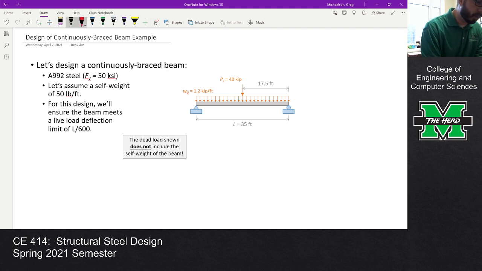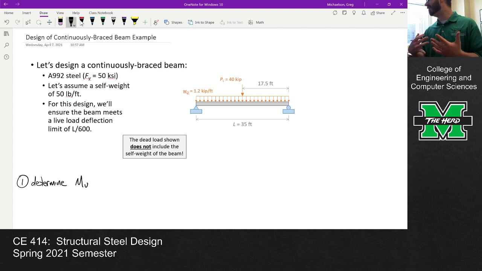The first thing we need to do is determine Mu. To be crystal clear, I really only care right now about Mu, but because I'm doing the structural analysis anyway, I'm going to also compute Vu, so I might as well do it all.